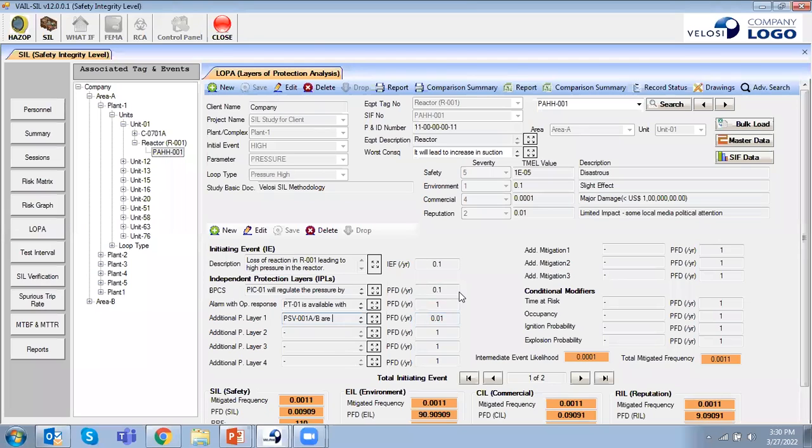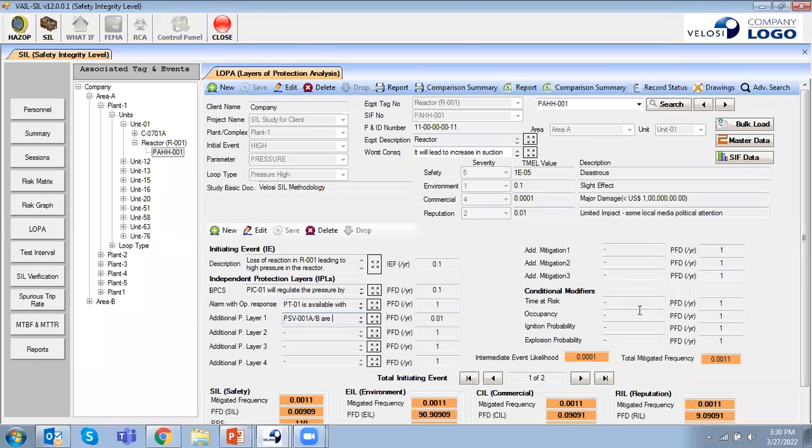Now as per the formula, initiating event frequency multiplied by PFD layer 1, multiplied by PFD layer 2, multiplied by PFD layer 3. So all these four values will multiply with each other. If we have any mitigation layer, it will also multiply.